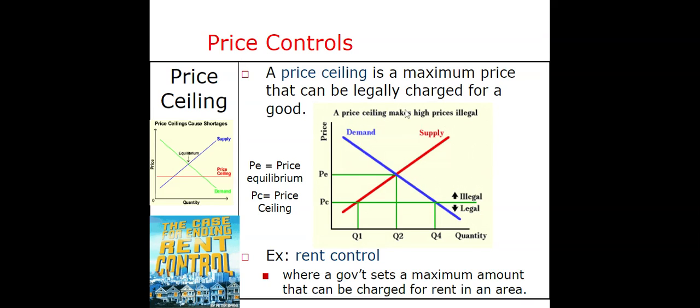So a price ceiling is going to make high prices illegal. Price ceilings may also cause shortages.